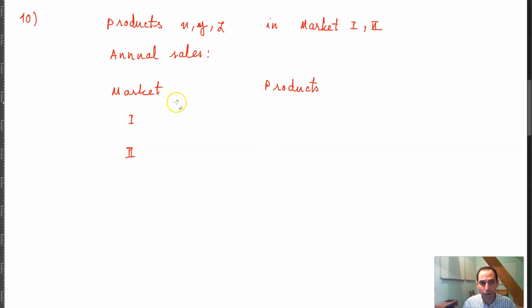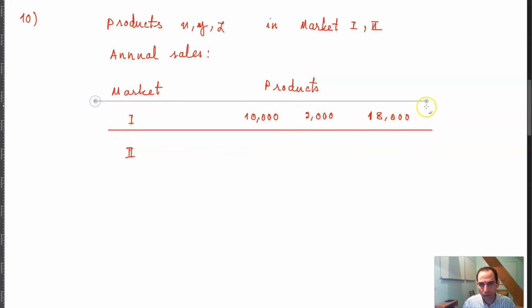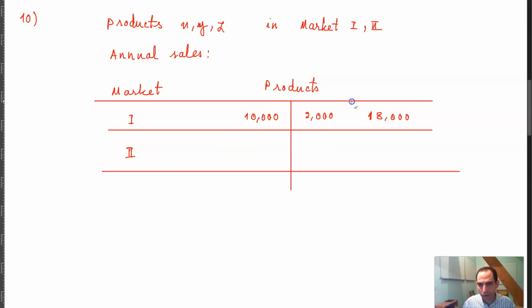and there you have 10,000, for example, 22,000, and 18,000, and then for market 2 you have 6,000, 20,000, and 8,000.